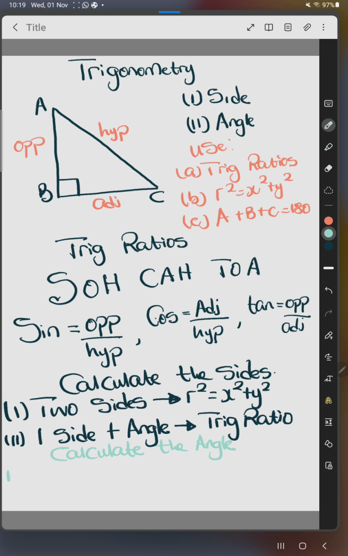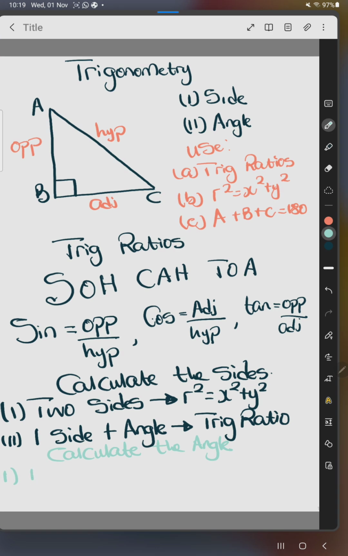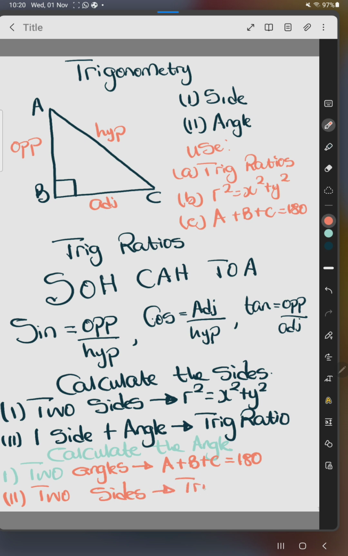Number one, if they give you two angles, that is where you say A plus B plus C is equal to 180. That is the sum of the angles in a triangle. Number two, if they give you two sides, that is where you're going to use the trig ratio. If you can work on that, then that will be done.